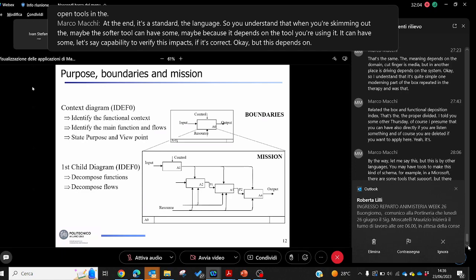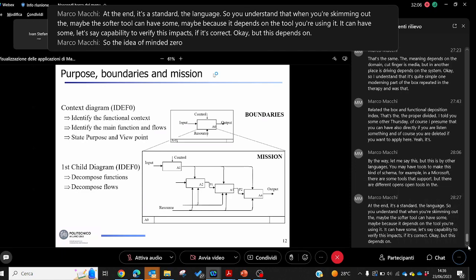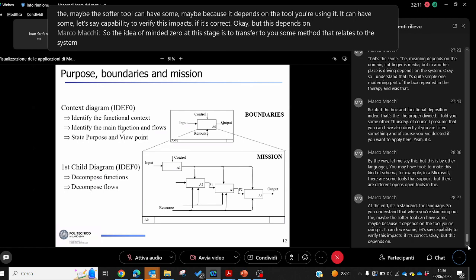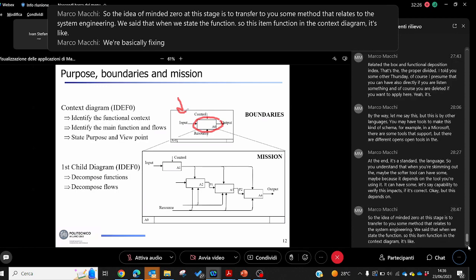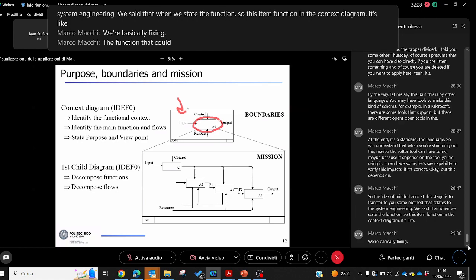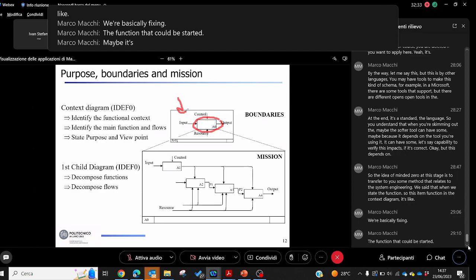So the idea of IDEF0 at this stage is to transfer to you a method that relates to systems engineering. When we state a function, this high-level function in the context diagram, it's like saying we're fixing the function that could be studied. Maybe it's also good to think that, because of the iterative process, this function is not enough for a specification of what you're going to study.